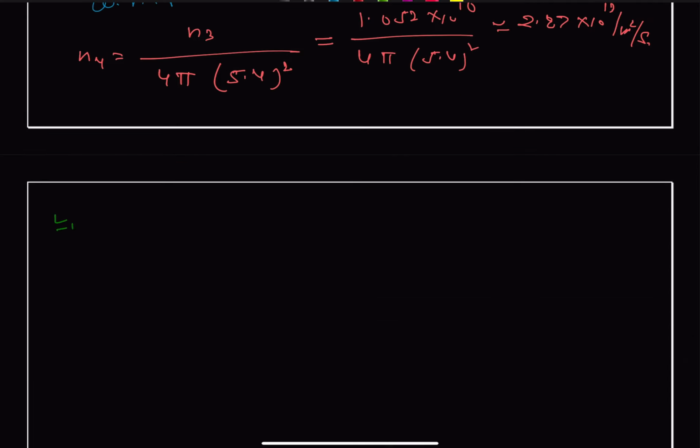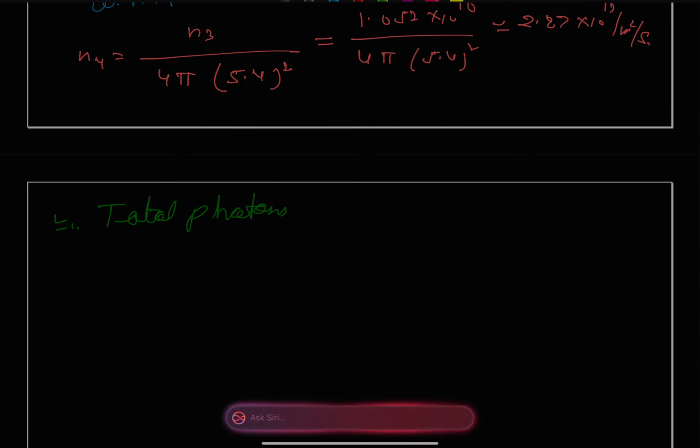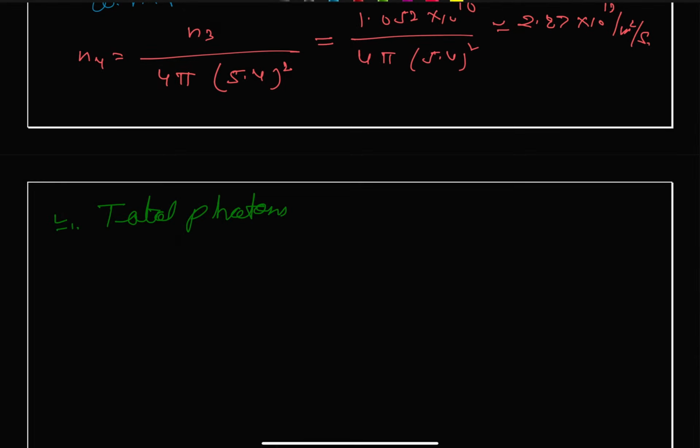Therefore we can write that total photons incident on detector per unit time. Let us call that as our N5.